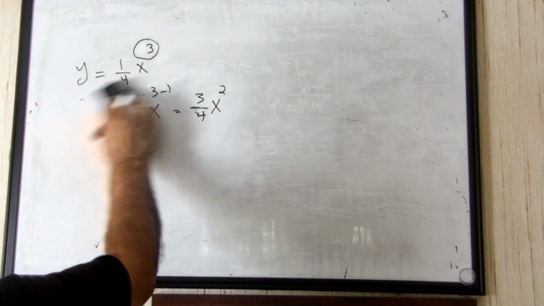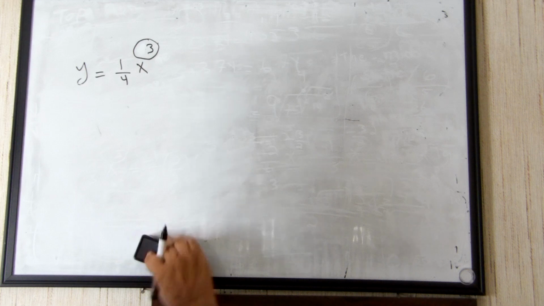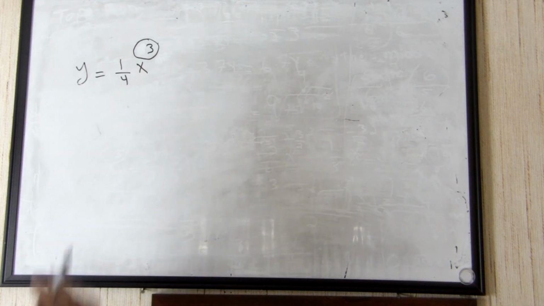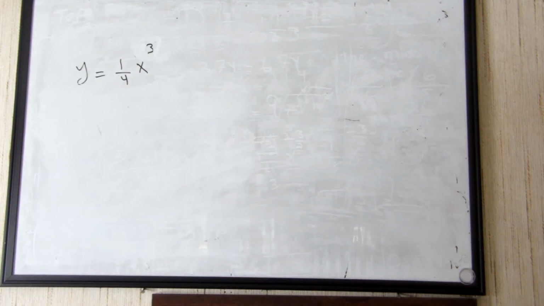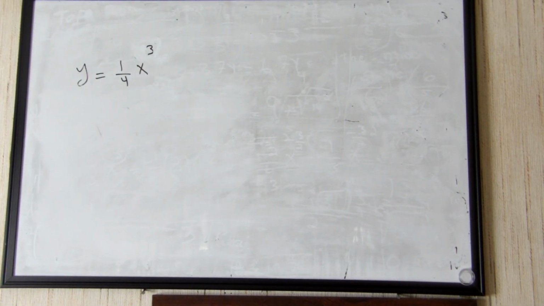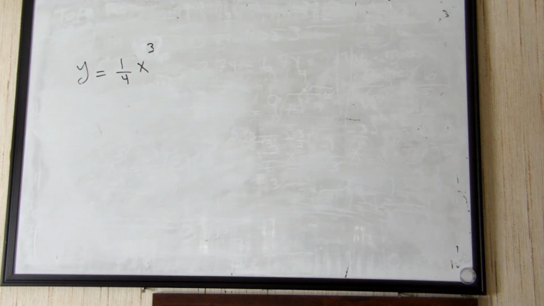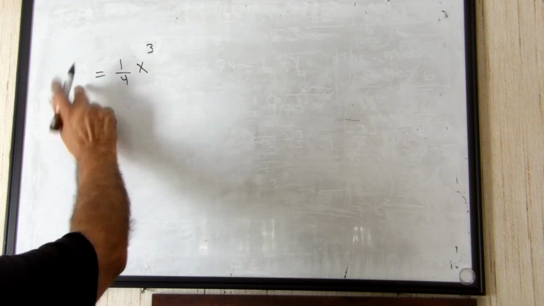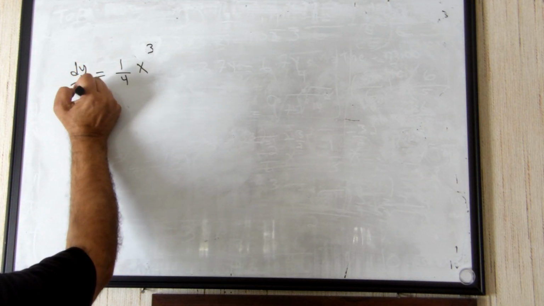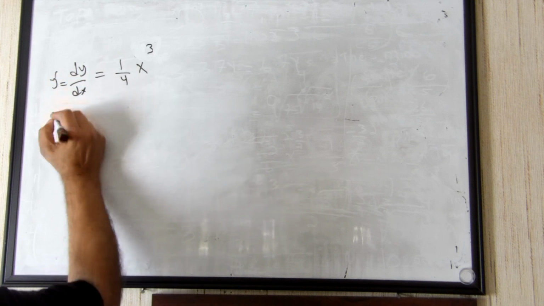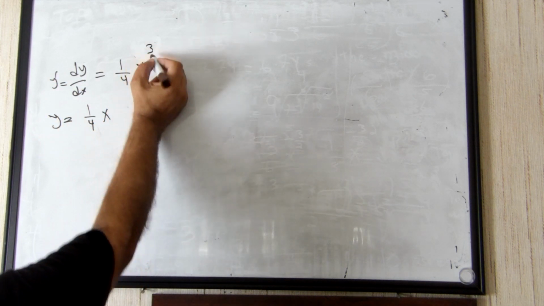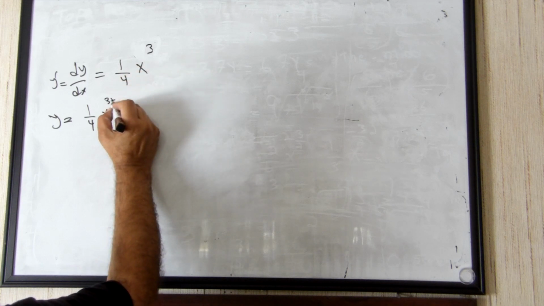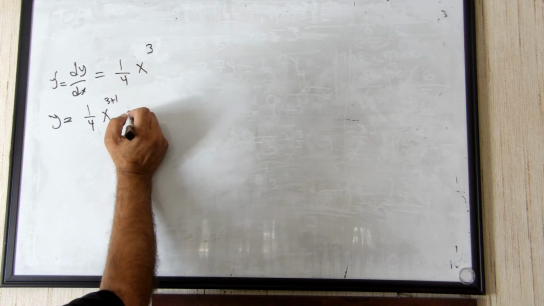So let's talk about a little introduction about the integration of dy over dx or y prime. You want to write it y. This is actually what happened. You're going to add 1 to it. 3 plus 1. Okay?